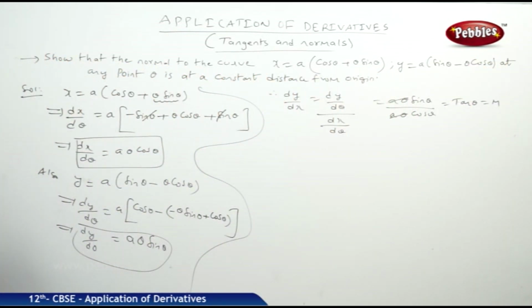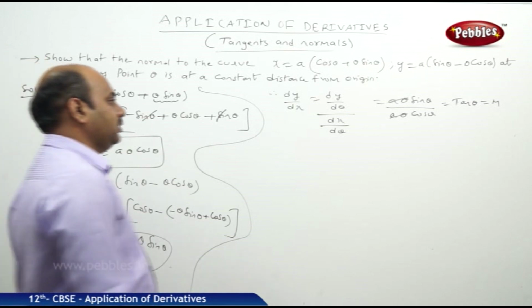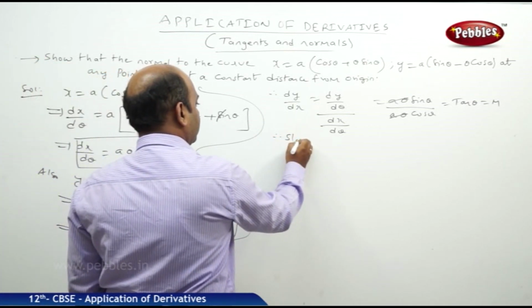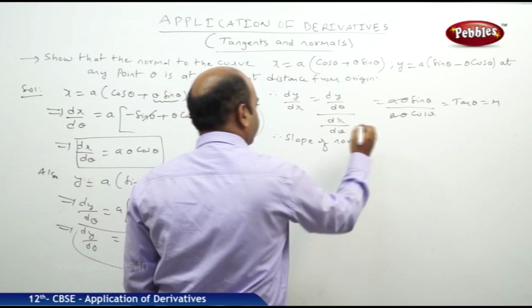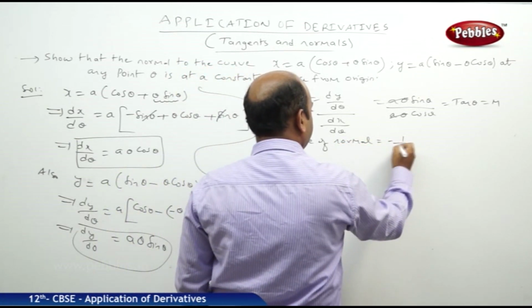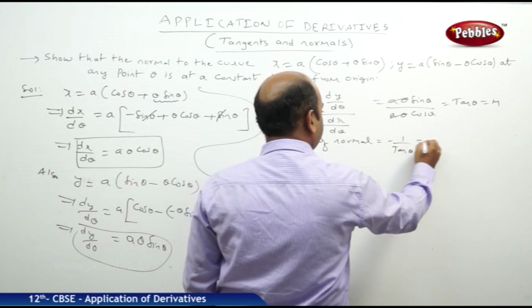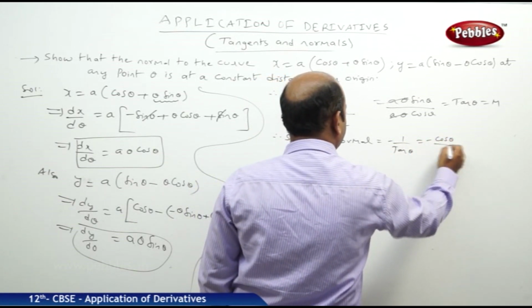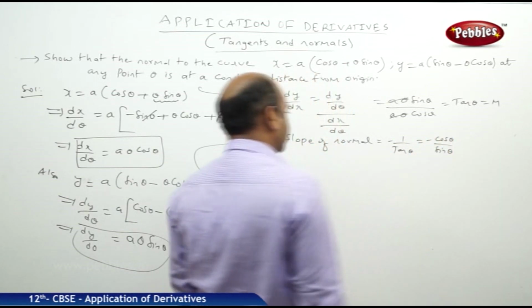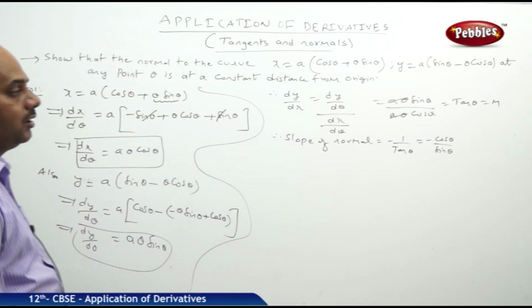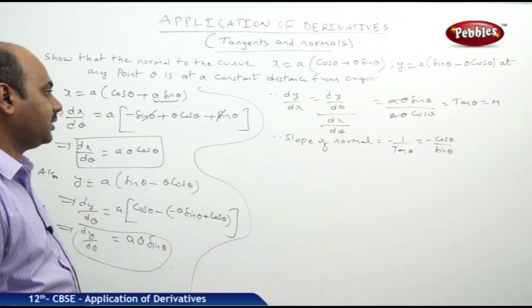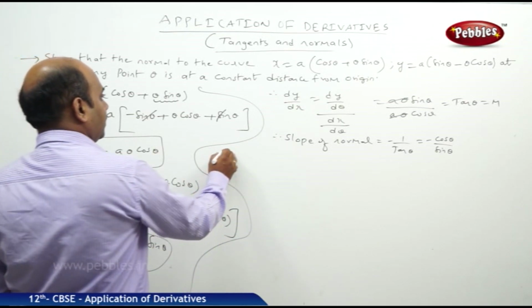That means dy by dx represents slope of the tangent to the curve, but here we require slope of the normal. Therefore slope of normal means what happens? Minus 1 by tan theta. So this is nothing but minus cos theta by sin theta, because minus 1 by tan theta means minus cot theta. Minus cot theta can write as minus cos theta by sin theta.